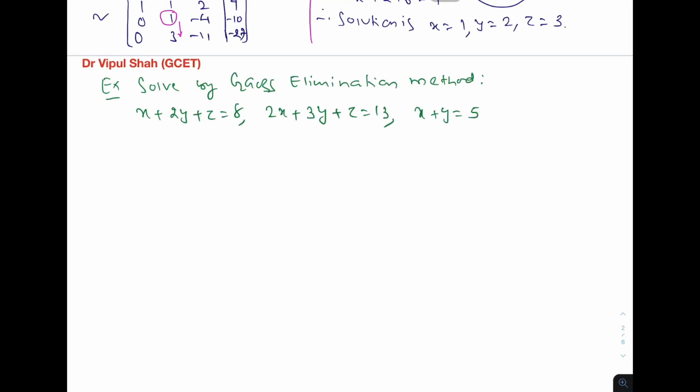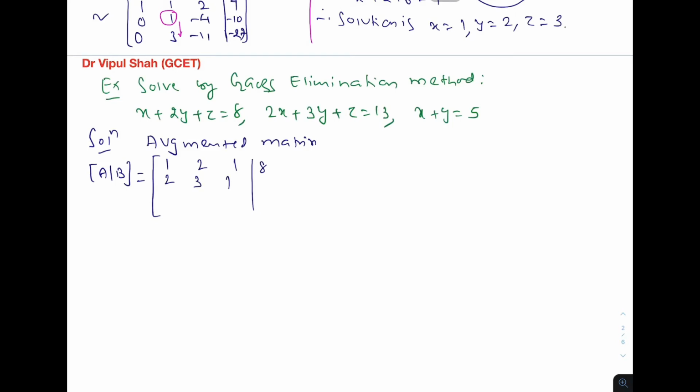Okay, so let us first write the augmented matrix. So that is AB, which is 1, 2, 1, 8, 2, 3, 1, 13, 1, 1. Now there is no z, so 0 and 5.